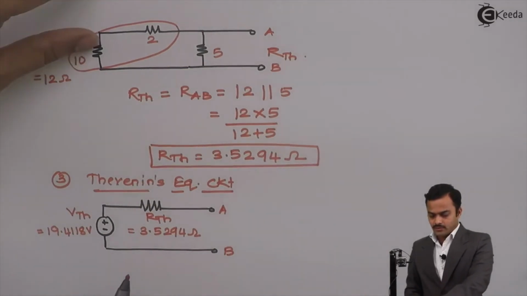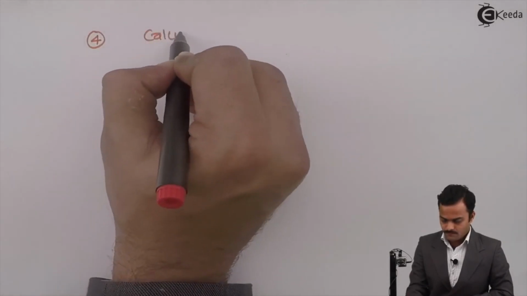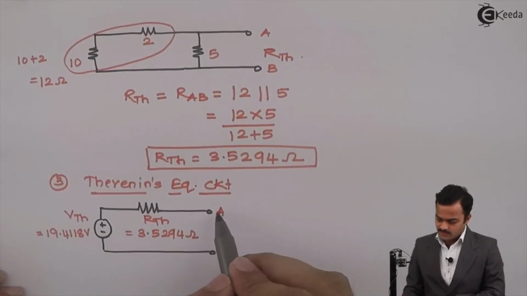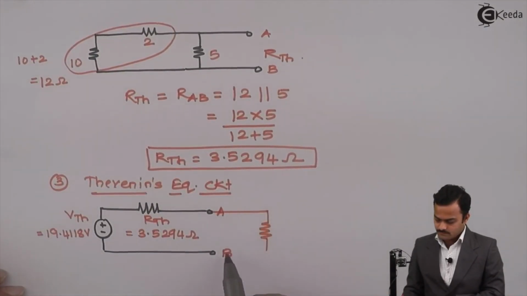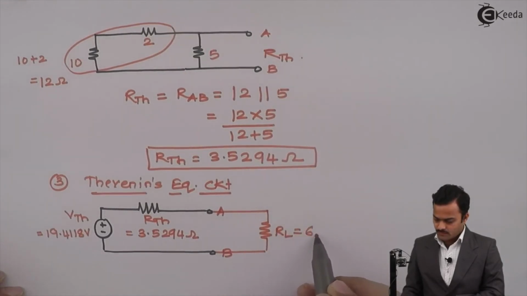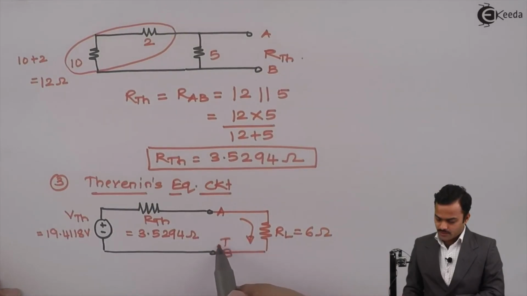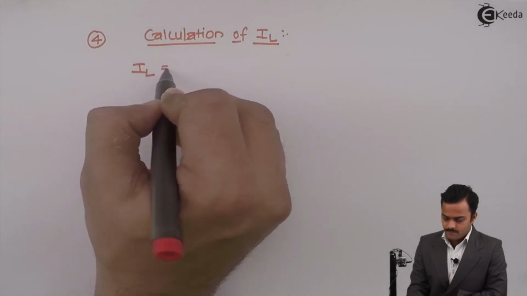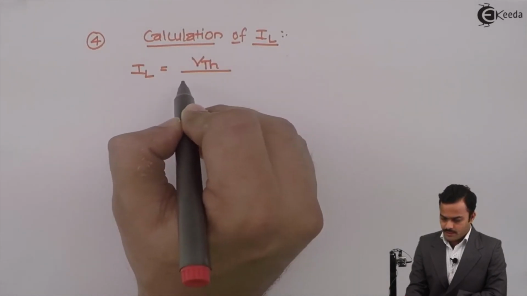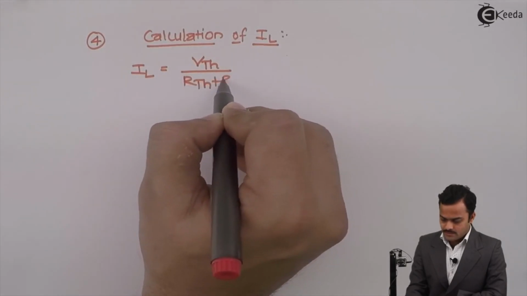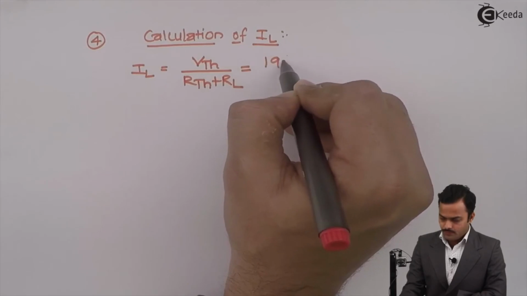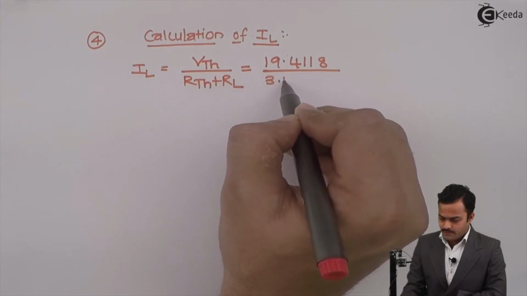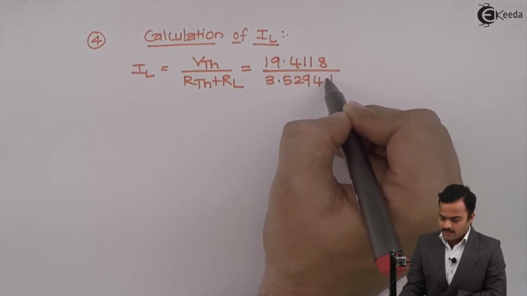Let's go to the last step, calculation of IL. For this, we will connect the load resistance to the Thevenin's equivalent circuit. The load resistance is 6 ohm, through which we are supposed to find out a current which we denote as IL. So IL is given as Vth divided by (RTH plus RL), which is 19.4118 as VTH, RTH is 3.5294 and RL is 6 ohm.